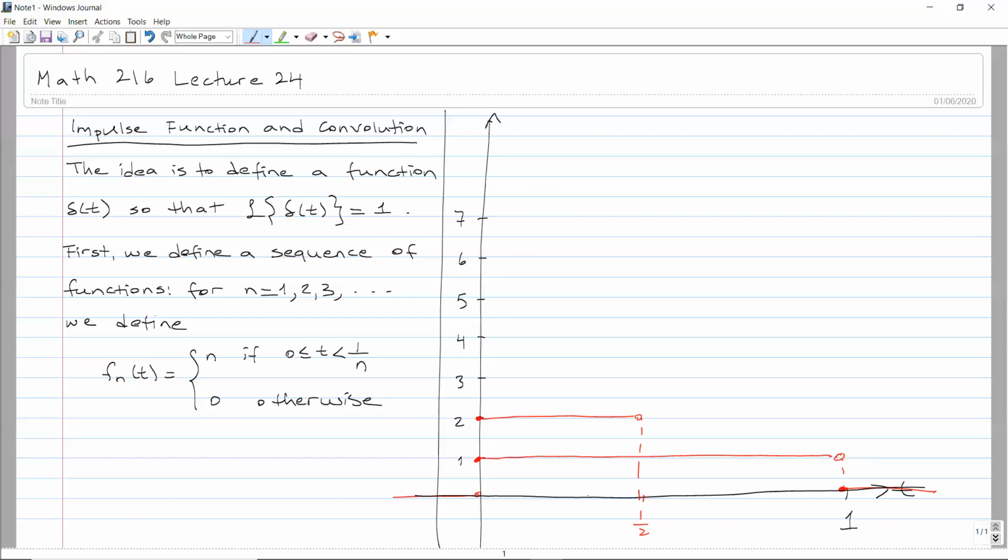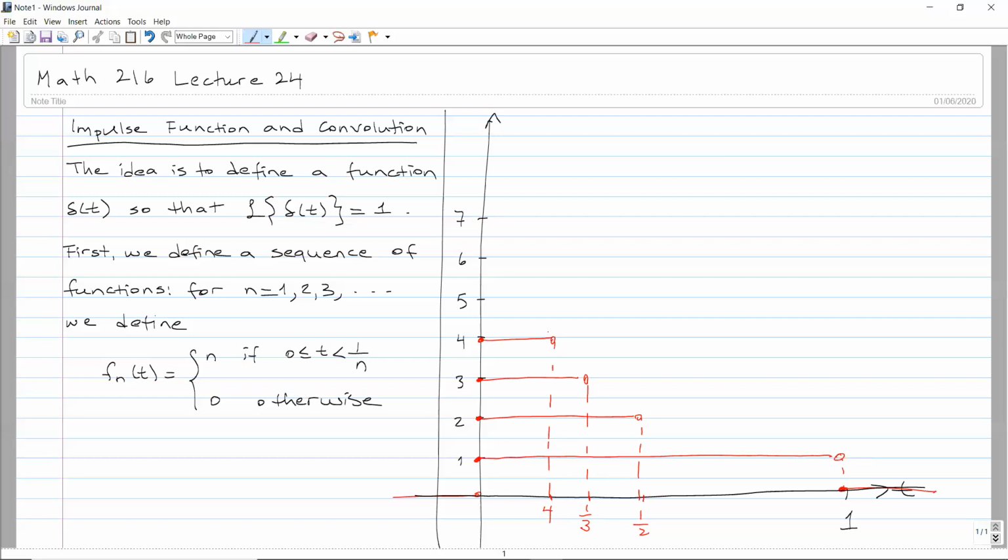And f sub 3 is equal to 3 for t between 0 and 1/3, and 0 otherwise. And f sub 4 is equal to 4 for t between 0 and 1/4, and 0 otherwise.